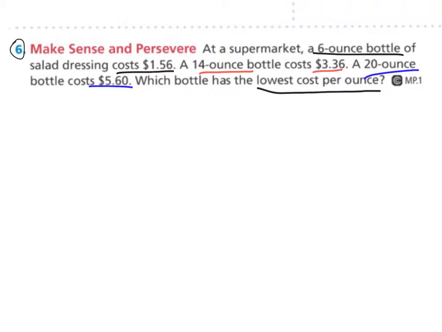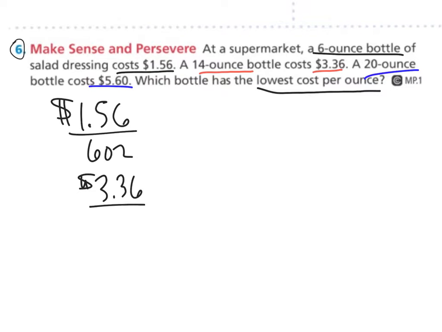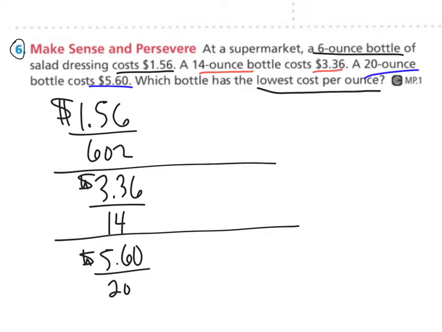So cost per ounce, we take the cost divided by the number of ounces. So $1.56, we're going to divide that by 6. The $3.36, we're going to divide that by 14. And the $5.60, we're going to divide by 20. And then we're going to see which one's lowest cost per ounce.